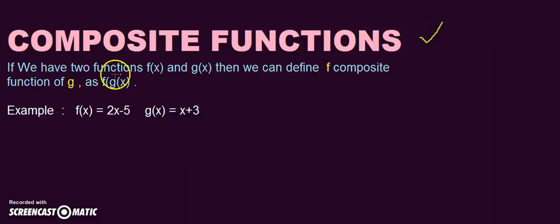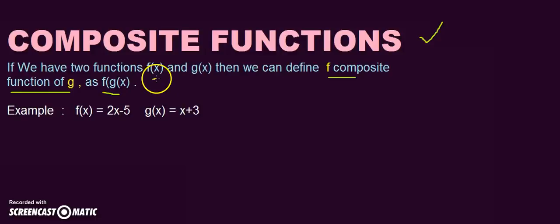Now, if we have two functions, say f of x and g of x, and we have defined f composite function of g. What is this? F composite function of g is f of g of x. So this is nothing but our composite function.